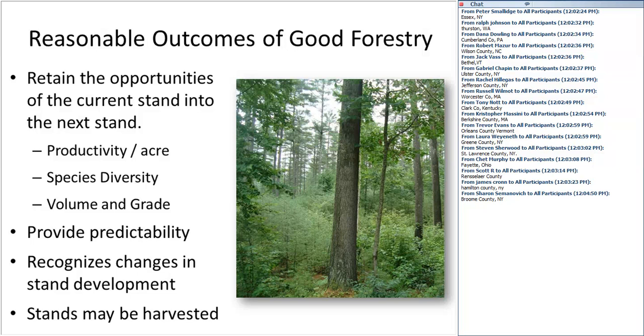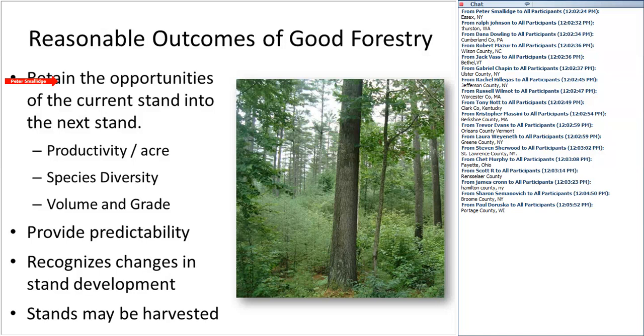We should be able to recognize and anticipate changes in stand development, changes over time from an early successional forest to later successional stages. And then, of course, many of these stands are going to be harvested, and that's certainly fine as long as we continue to work within this notion of retaining those options and opportunities into the next stand.